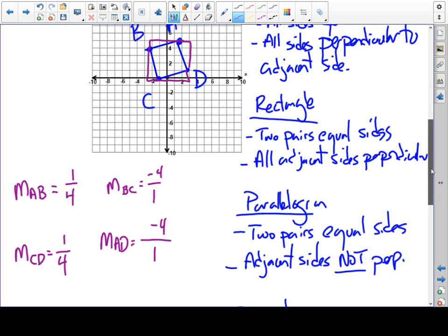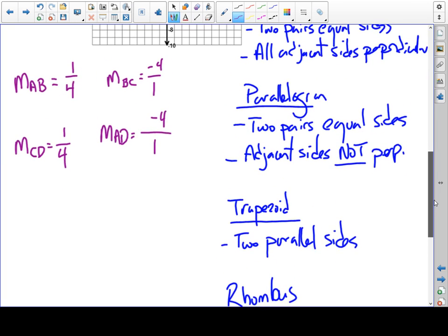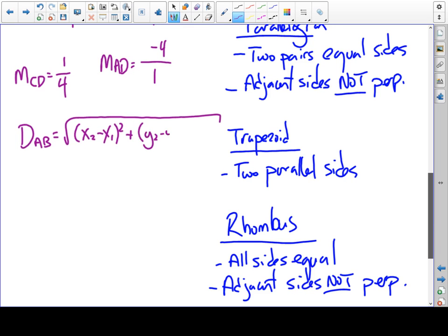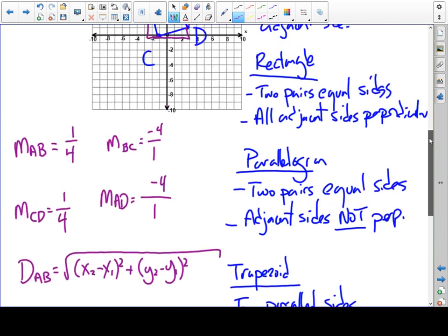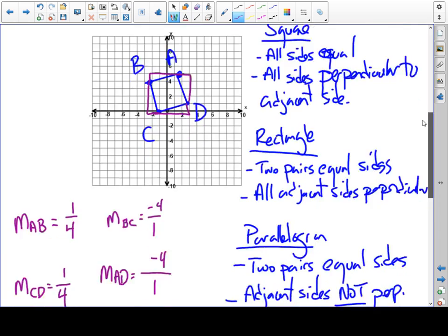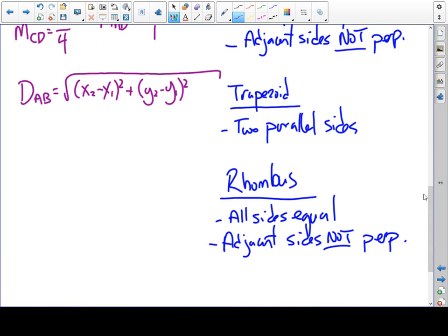So, okay, distance between A and B equals. I want to write that formula down because I don't want to forget it. So, if I look at AB here, 4 minus 5 and -2 minus 2.